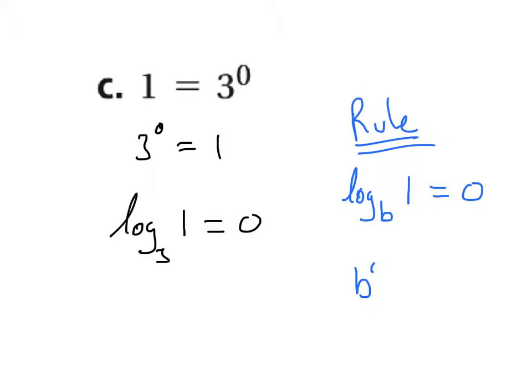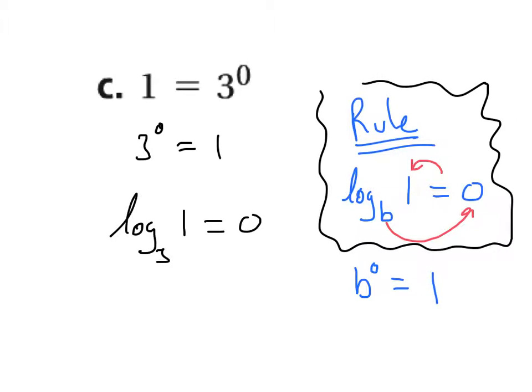Because b to the 0 power always equals 1. Remember, b to the 0 power equals 1. So therefore, log base b of 1 will equal 0. Okay? Log base anything of 1 will equal 0.